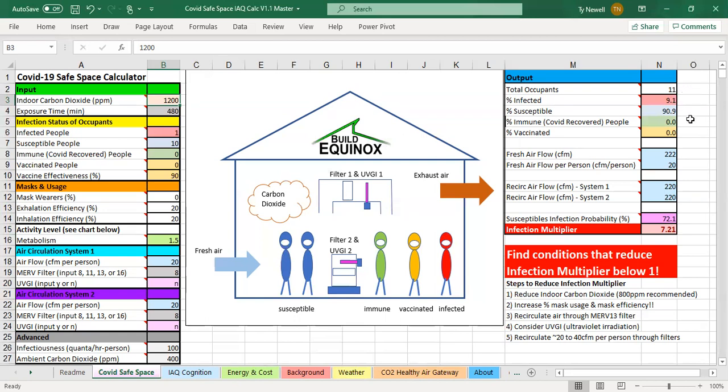And with these settings, then, we find that down here, what we really want to get to is understanding the chance that you'll get infected if there's an infectious person in the building, and the ability of that infectious person to spread the disease. And that is really the goal, is to look at this, what I call the infection multiplier, and get that number below 1.